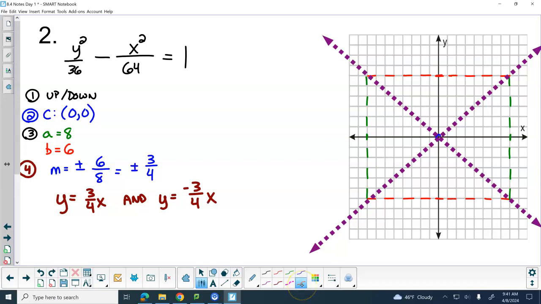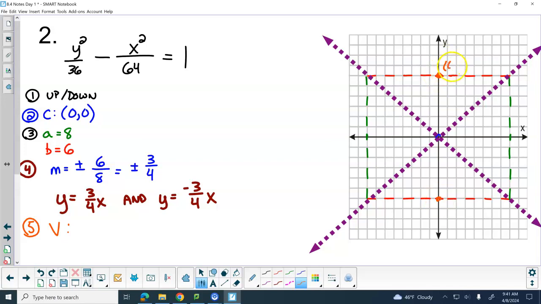Step number 5 was vertices. Since this one opened up and down, we're going up to the midpoint of the top of the box, and we're going down to the midpoint of the bottom of the box.